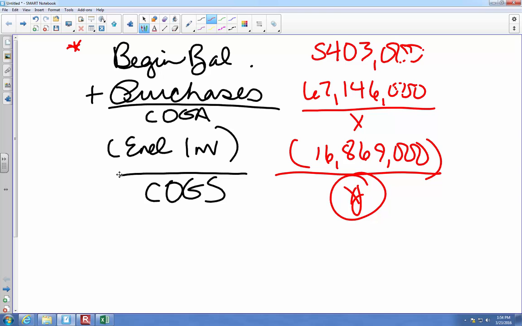What kind of account is cost of goods sold again? It's your largest expense, isn't it? Right? Sales minus COGS gives you gross profit.